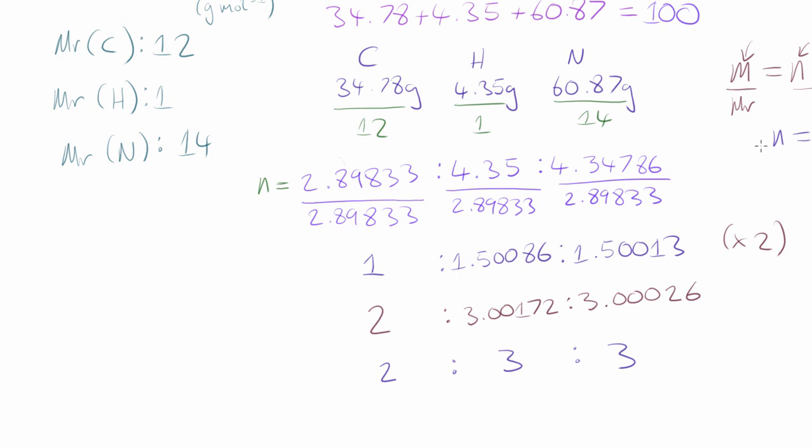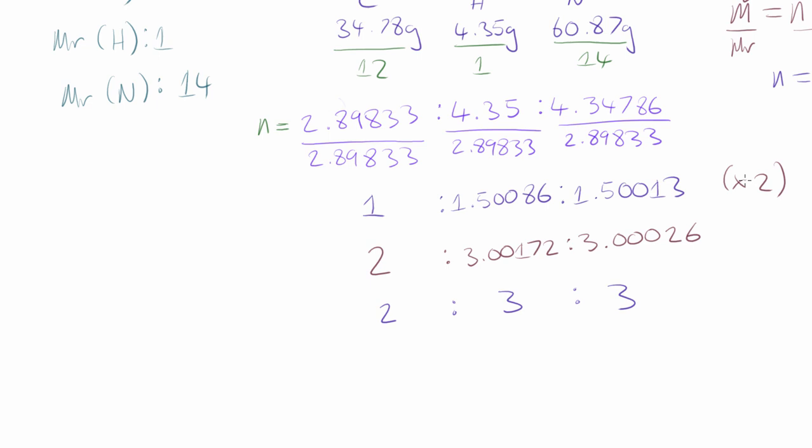Well, yes, it is our simplest whole number ratio. If we divide it by 2, we're not going to get a whole number. Nor would we if we divided everything by 3, for example.